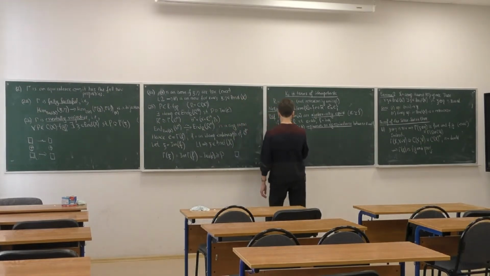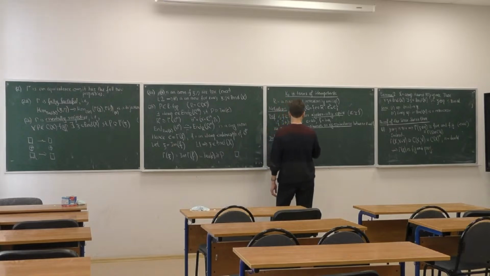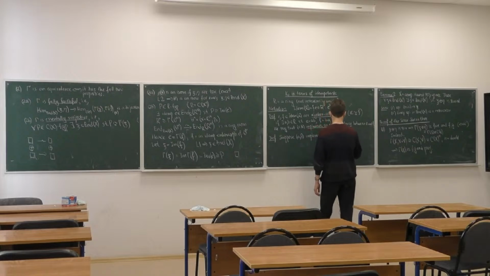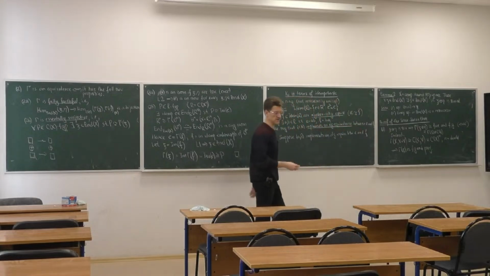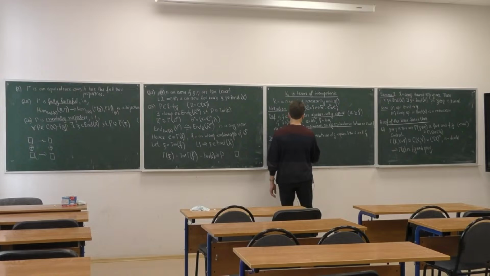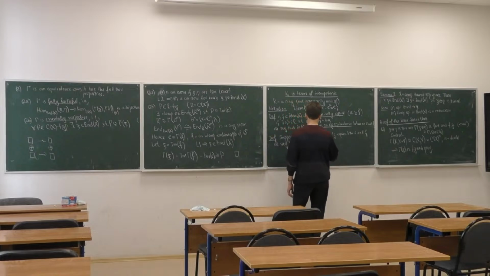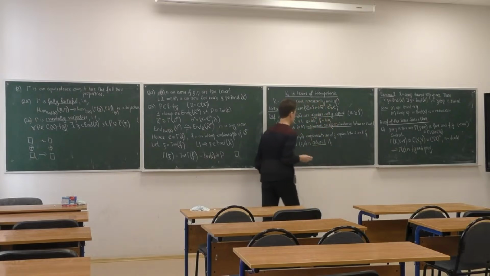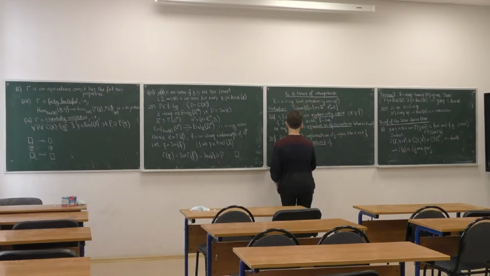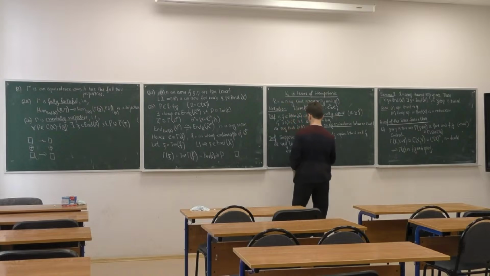Suppose that we have a pair A, B, which implements an algebraic equivalence between E and F. We say that this pair is reduced if it satisfies the following extra conditions, namely EA equals A equals AF, and similarly FB equals B equals BE.